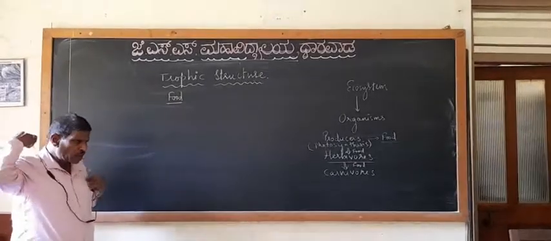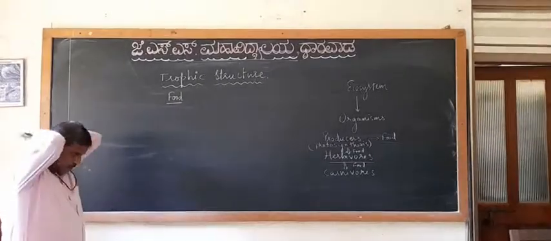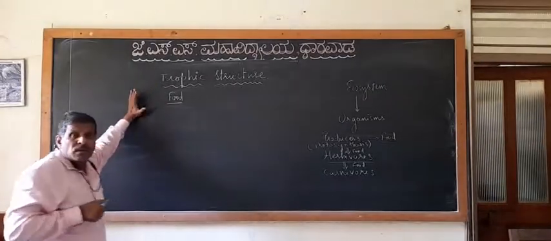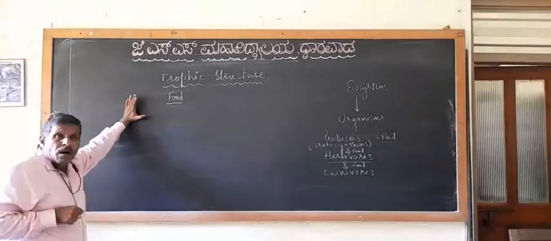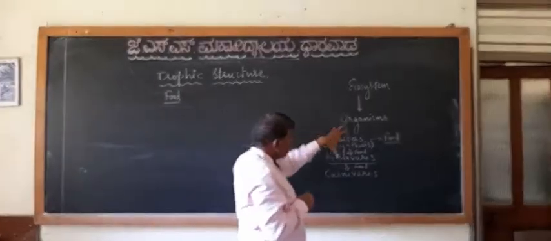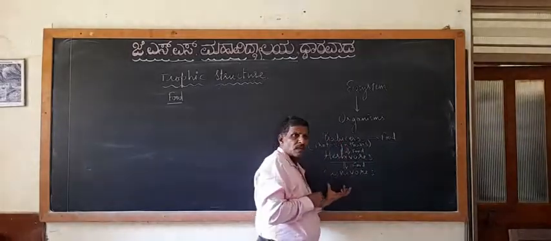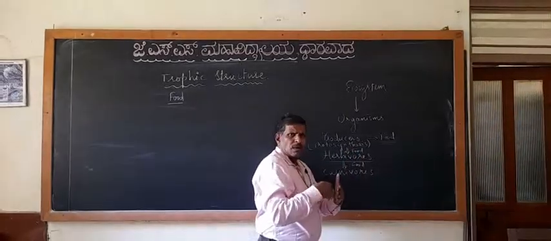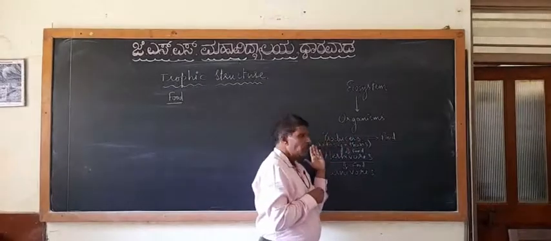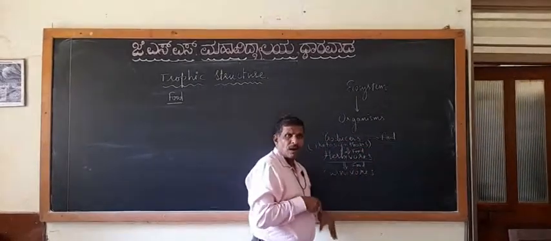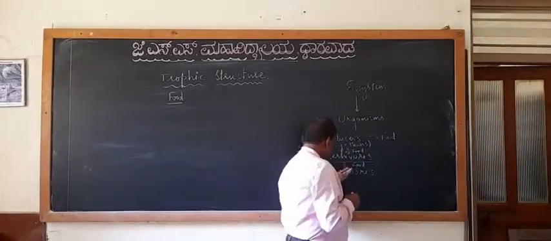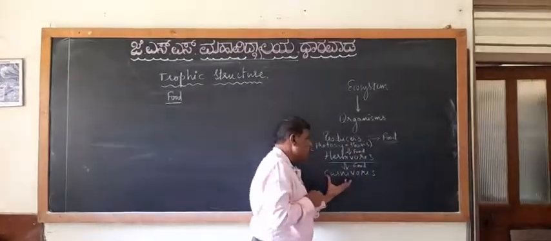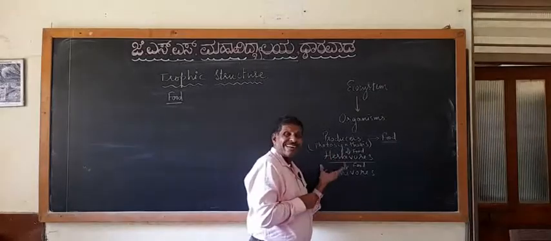And another thing that you must remember is, as far as these organisms of the different kinds are concerned, they are getting the food either by synthesizing the food through photosynthesis, or by feeding upon the plants, or by feeding upon some other animals.